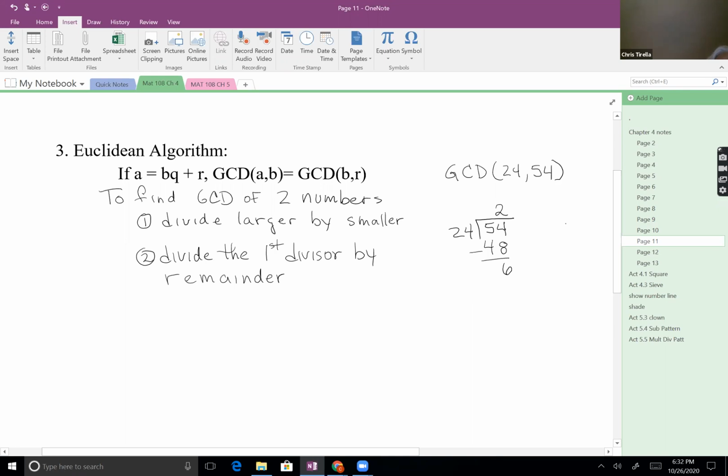So we're going to take that 24 and divide it by 6. Well, 24 divided by 6 is 4. And we're going to repeat that process till we get a remainder of 0, which we just did.